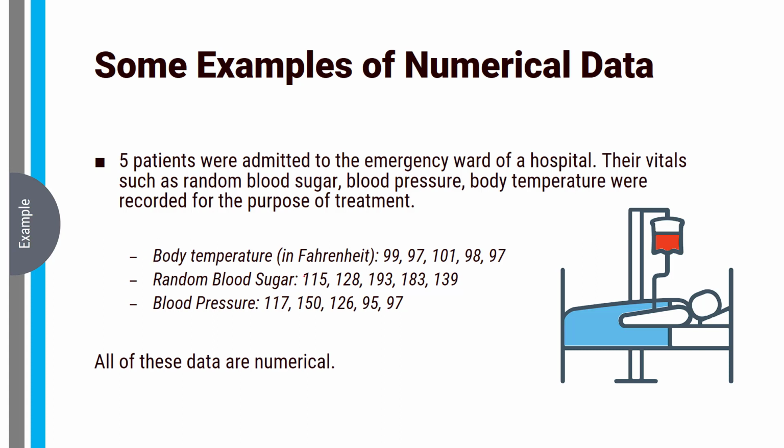If body temperature is recorded in Fahrenheit, suppose the values are 99, 97, 101, etc. Similarly, random blood sugar has these values and blood pressure has these, right? So these are the numbers that are collected. This information was collected from 5 patients, and since all of it can be expressed in terms of a particular scale, these will be called numerical data, right?